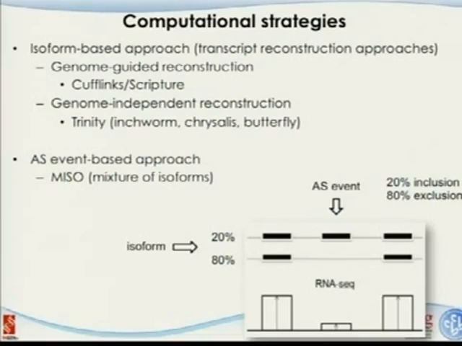For the alternative splicing event-based approach, you only look for this particular event, and you don't care which isoform it is located in. For the isoform-based approach, you can do genome-guided reconstruction, which is Cufflinks or Scripture. Remember, we spent a lot of time on that. And there's genome-independent reconstruction, which means you have to do the assembly first, and then figure out your transcript variants.